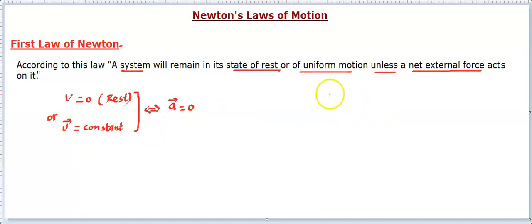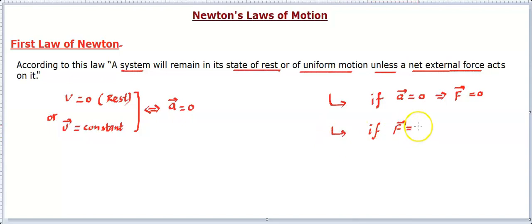Then this law can be read like this. It simply says, if a is zero, that means the object is either at rest or moving with uniform velocity. This will imply the net force is going to be zero. When we write F, it means net force, so net force has to be zero. This also implies the reverse: if net force is found to be zero in any system, then its acceleration is zero, that means the object will remain at rest or moving with a constant velocity.